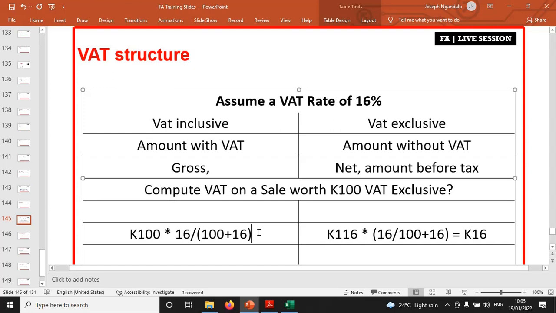And then whatever we do, the number should be the same, right? We said in Zambia, what is the standard rate of VAT? 16%. Yes. So I'm just going to remove this, and I'll be safe. So when we say VAT inclusive, we mean amount with what?